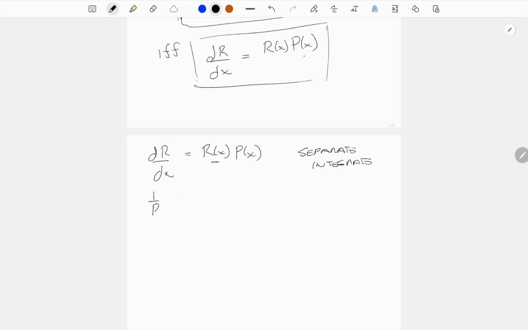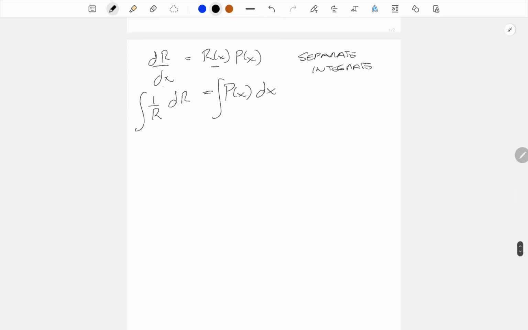So we have the r. 1 over r, bring it over to the other side, dr. And I'm going to bring the dx to the right-hand side of the equation, equals p of x dx. So I've separated them, and now I can integrate. What is the integral of 1 over r?